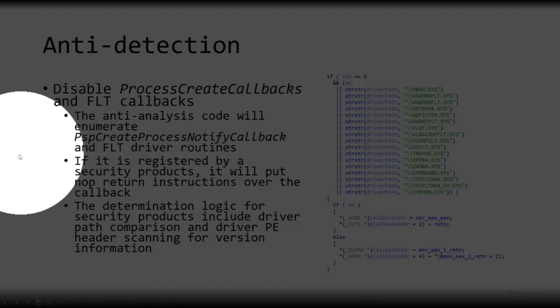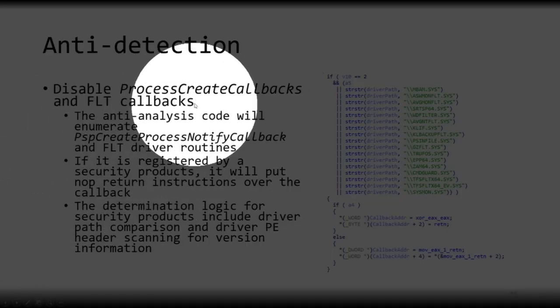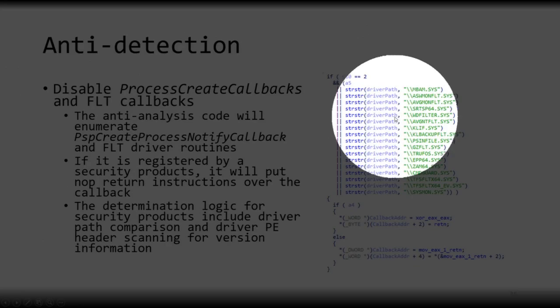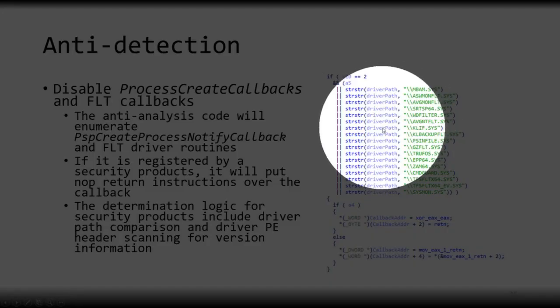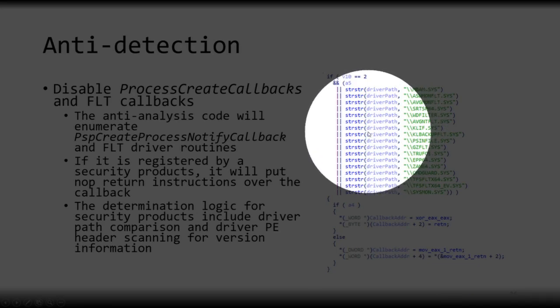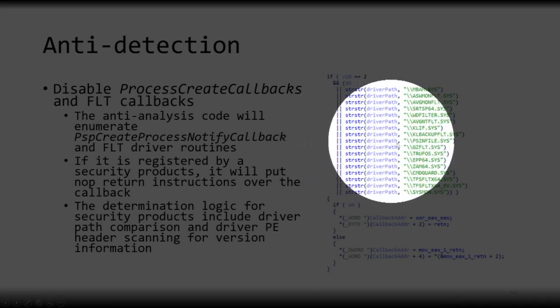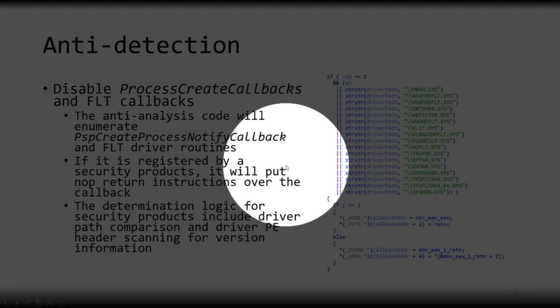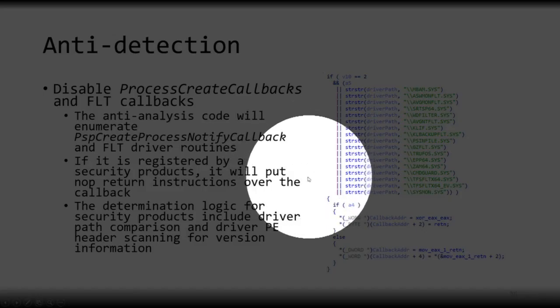The other aspect is actually anti-detection. This is a very, very interesting operation they are doing. Actually, they are competing with security products, and they are mimicking security products. That is the point of what they are doing, actually. They learned a lot from what the security products are doing.